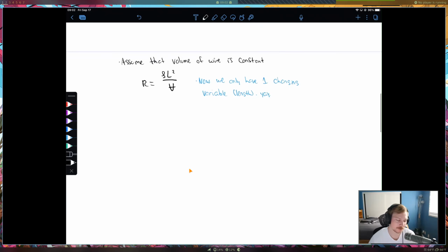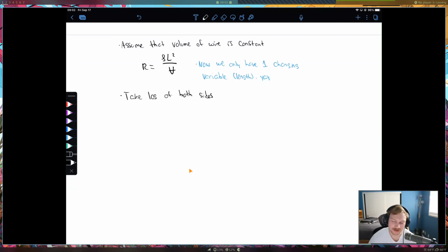You don't use logs too much though. At least I don't. So take the log of both sides. And again, this might seem arbitrary, but we're doing this so we can then take the differential of that and we can get a nice kind of format.